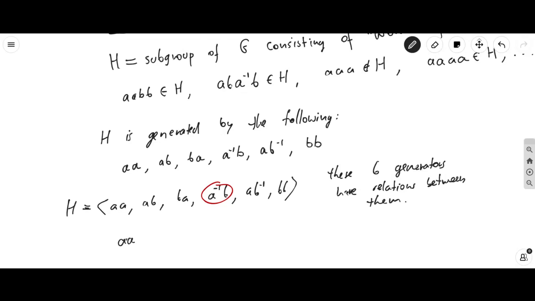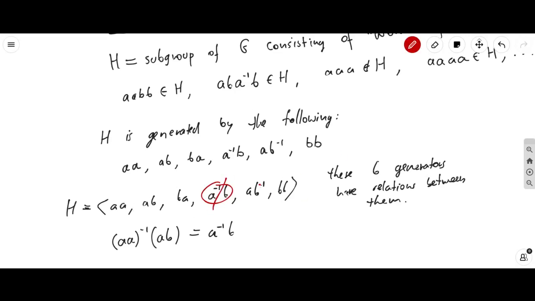If we take AA and we take the inverse of it, and then we multiply it by AB, what are we left with? We're left with A inverse B. So you can see that this one is sort of redundant. There's a relationship. You can express this one using the first two.